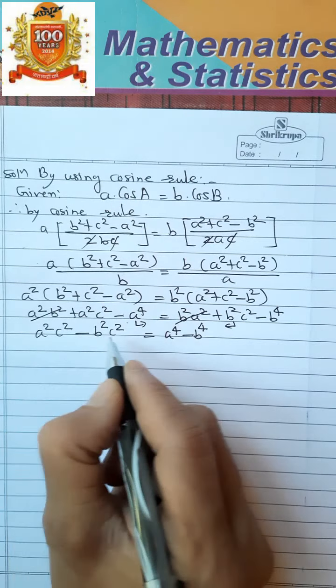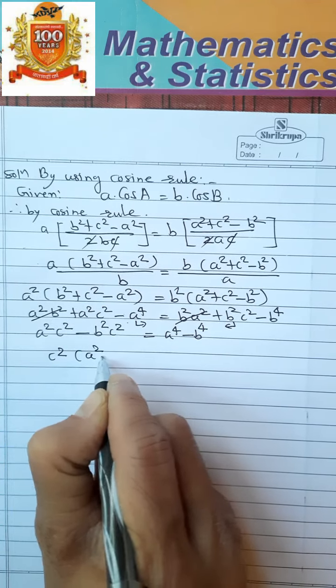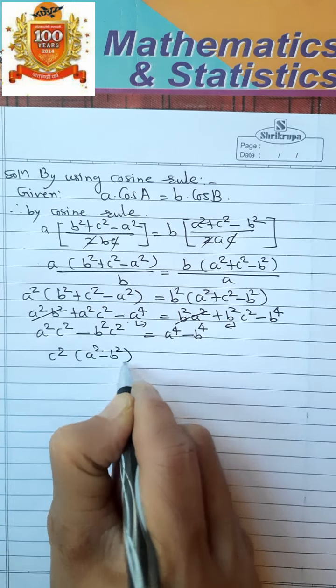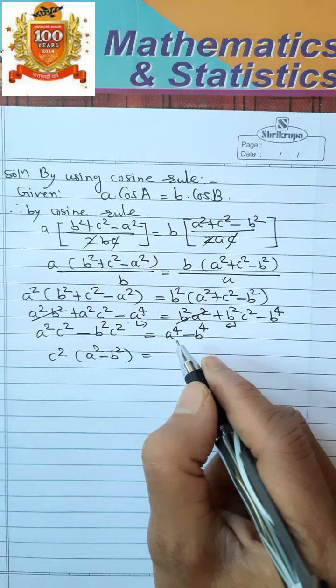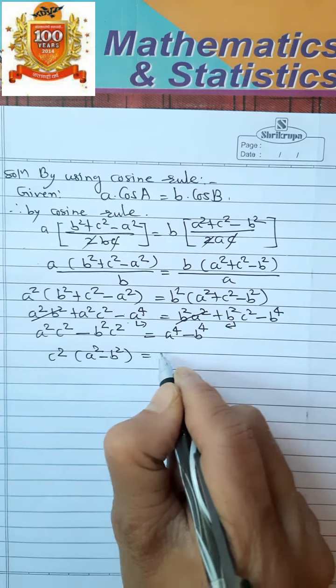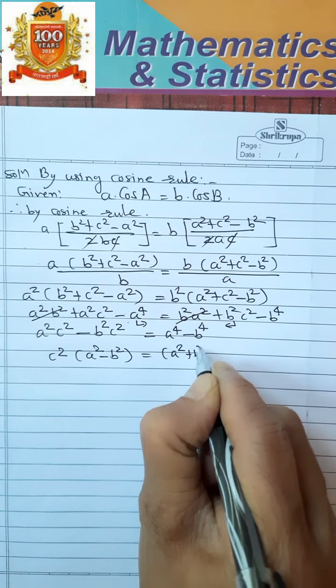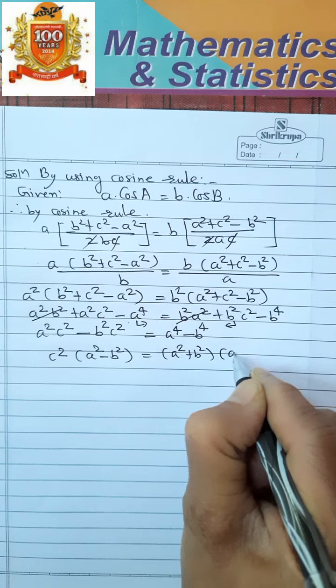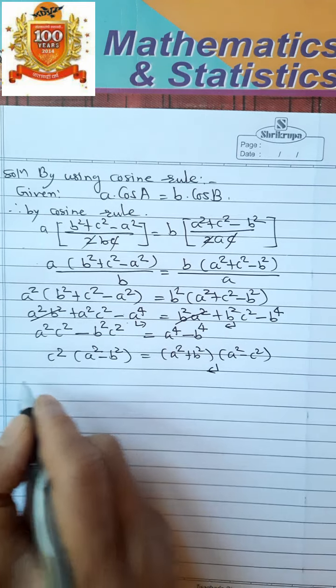Isn't it? Now taking C square common here, A square minus B square is equal to, this can be written as, A square plus B square into A square minus B square. Now transfer this to the left side.